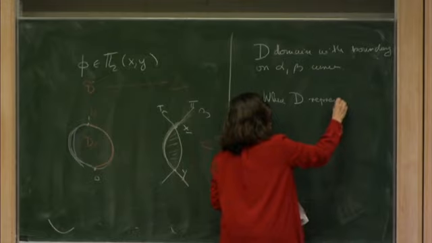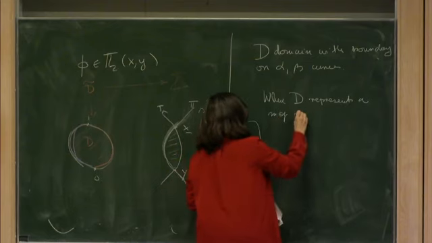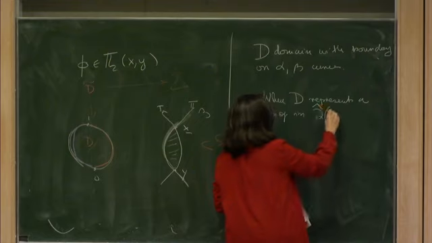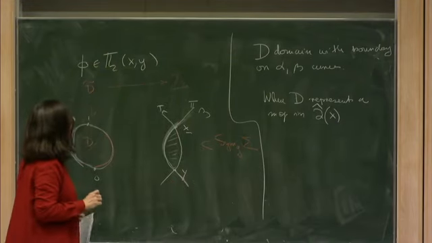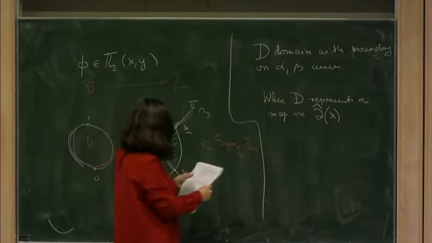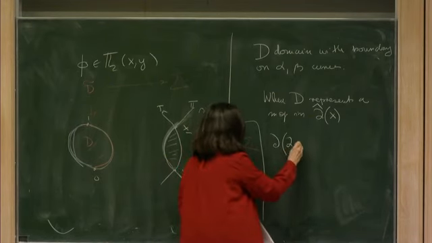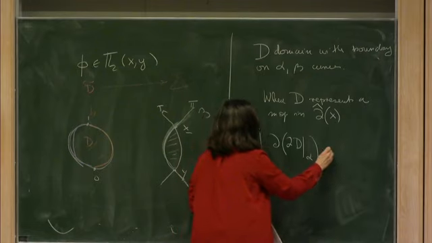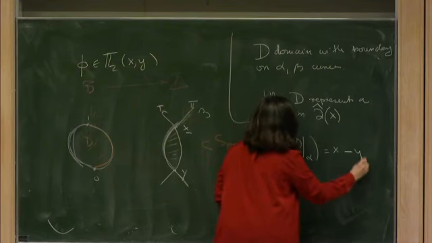And when we have such a domain, it represents a map in the boundary of x, relating x to y. We are going to see it as living inside of sigma in such a way that the boundary of the domain, restricted to alpha curves, connects x to y.